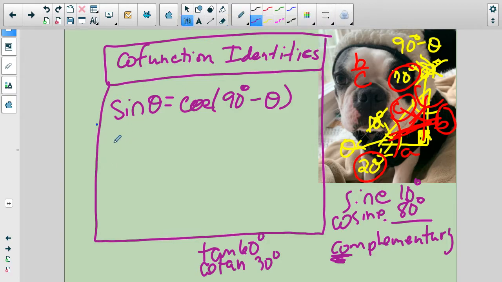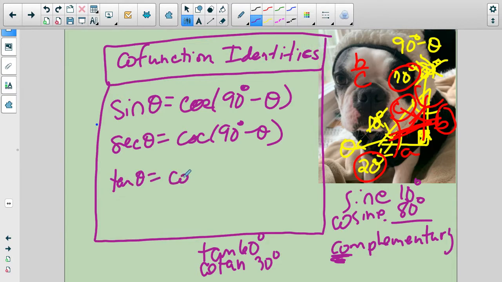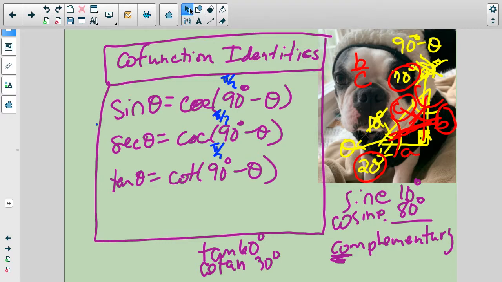Sine and cosine, then I can say secant of theta is cosecant of 90 minus theta. And tangent of theta is cotangent of 90 minus theta. Now you can make your own decision. I'm also gonna make note to self that this is pi over 2 if I'm in radians, and I don't have to rewrite them all. Now keep watching, you're not writing yet.